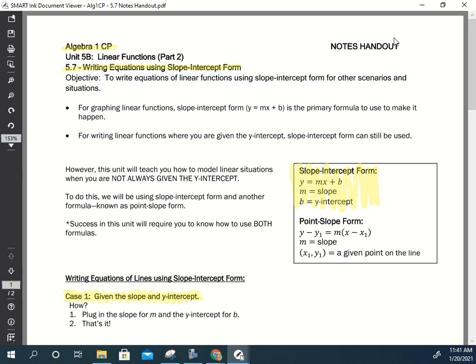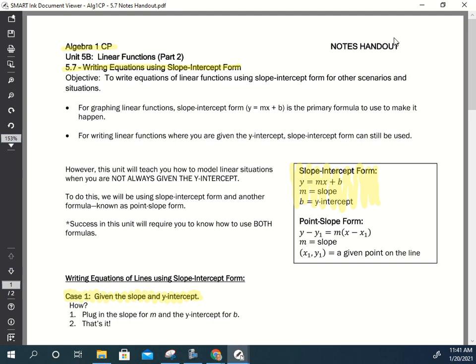So start thinking about that. Don't just pick doctor. If you want to be a doctor, say what kind of doctor. Don't just say engineer. Pick what kind of engineer. So you've got to be specific. But we'll get into more of that later.